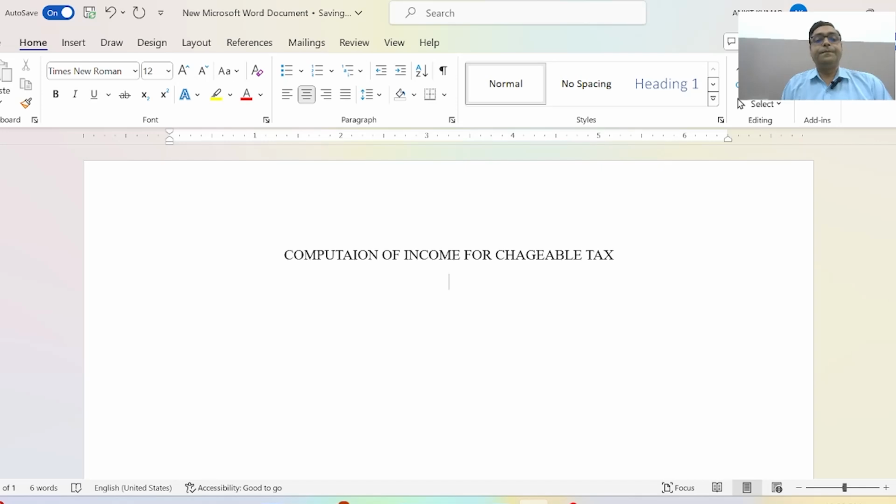Now, in the question, the information given is profit after charging interest on capital. This amount is 20 lakh rupees.